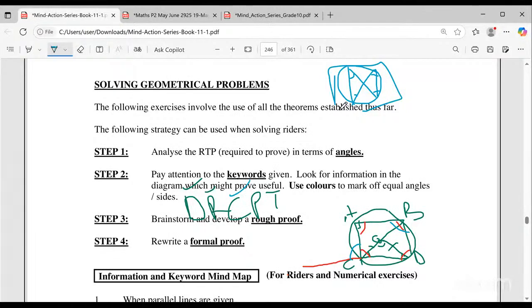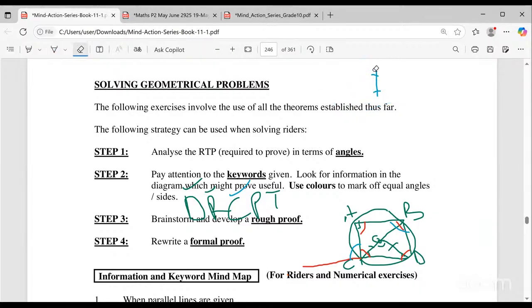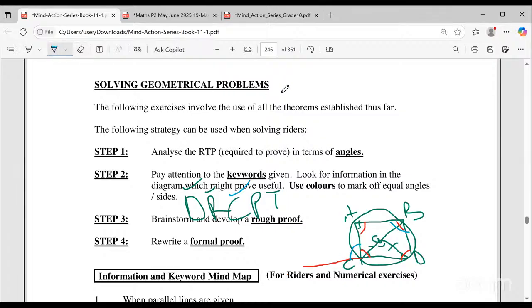Then if you are done with the cyclic quad, you can proceed to P, which is parallel lines. If parallel lines exist in that question, just quickly jump into the maths is fun technique. Maths is fun, and it's fun indeed. If this line is parallel to this line, this angle will be equal to that angle. Reason being, corresponding angles are equal.